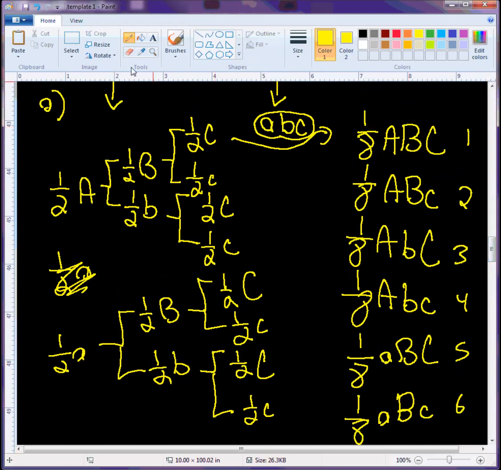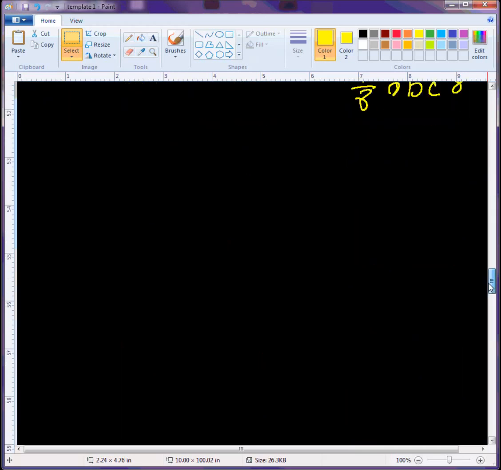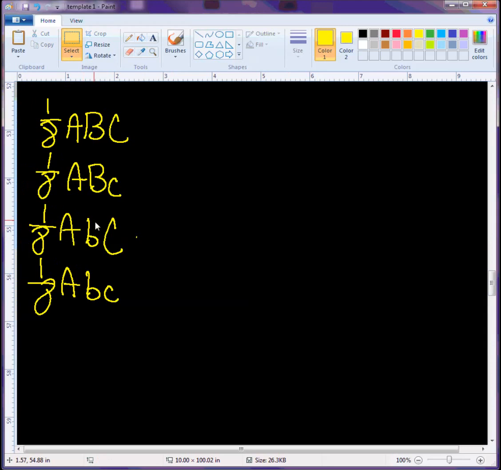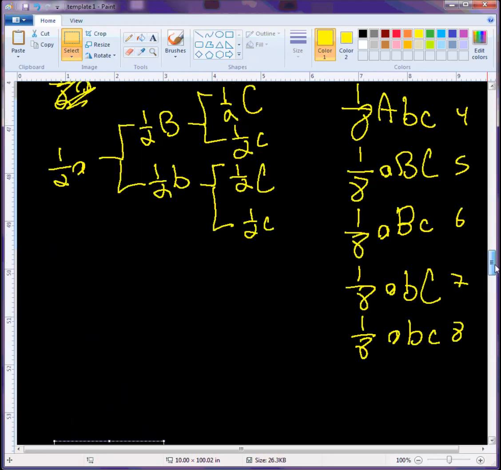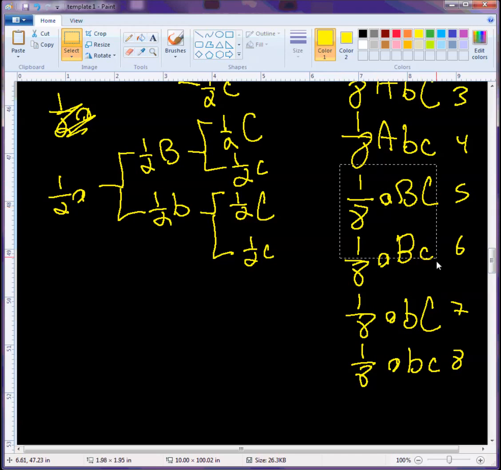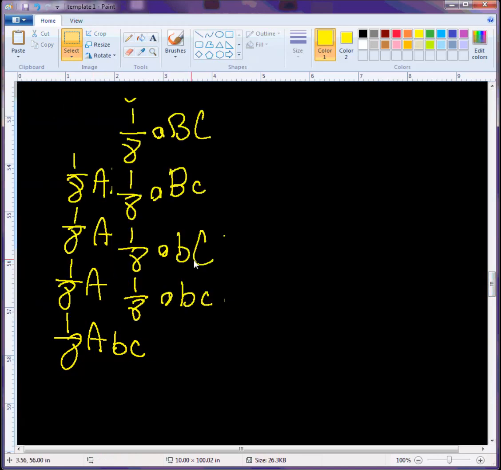Okay, so I'm going to copy these first 4. I'm going to move these down, copy, and paste those right over here. Excellent. And I'm going to take the other 4, copy, and move those down right over here.